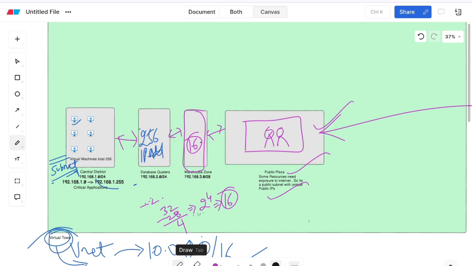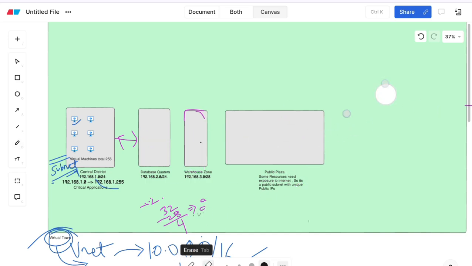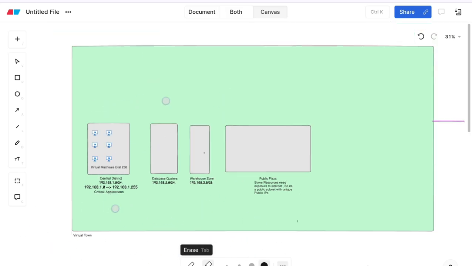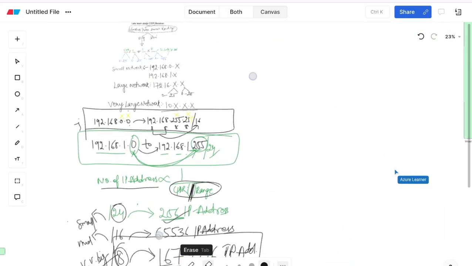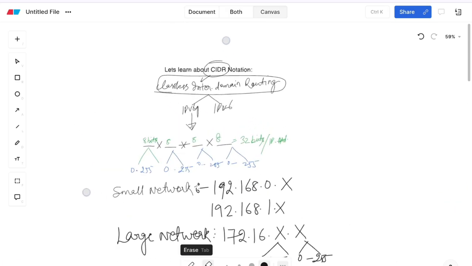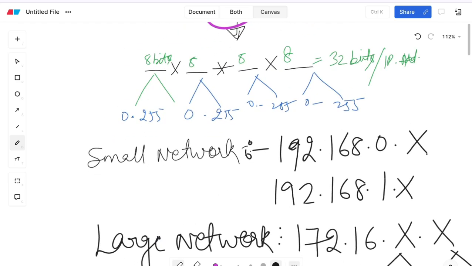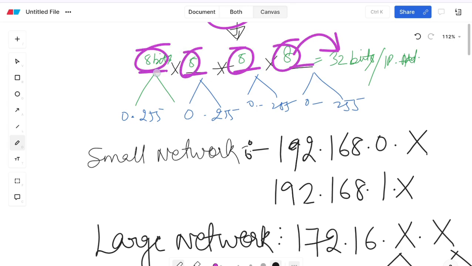But today we have learned about the CIDR notation. Just to recap: what is CIDR? CIDR stands for Classless Inter-Domain Routing. For IPv4 routing, there are four blocks. Each block contains 8 bits, which in total becomes 32 bits per IP address.